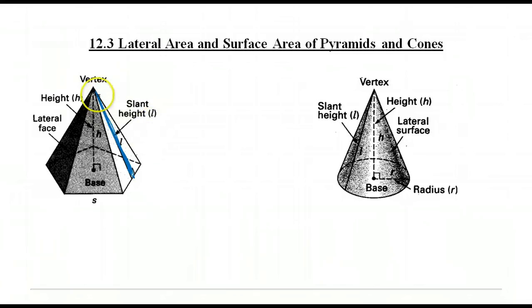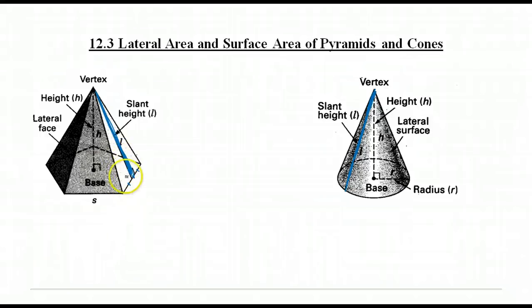This slant height is on the face of each side of my pyramid. On a cone, that slant height will be on the surface of the cone. Notice again that this slant height hits the midpoint of my base.